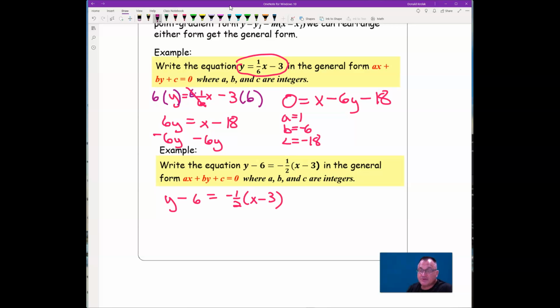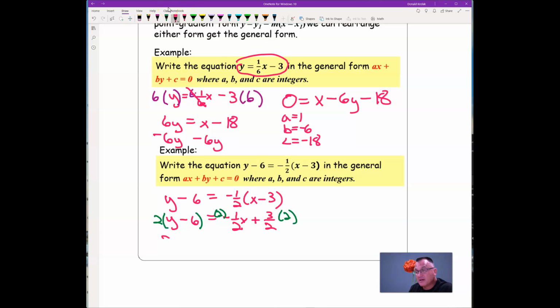Now you can either multiply it by 2 now, or you can distribute and then multiply it by 2. Wouldn't matter. Okay, so I'll do that. So this would be -1/2 x plus 3/2. And now I'm going to multiply every term by 2. So that gets multiplied by 2, 2, 2.